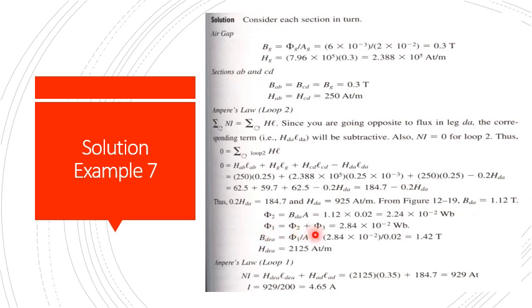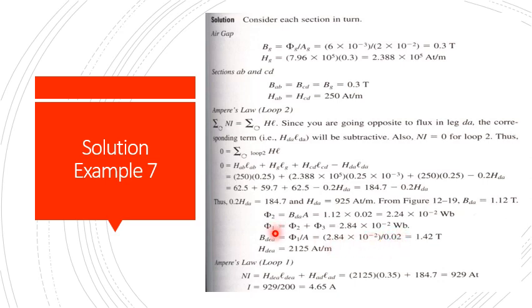Phi 3 is the flux across the gap. Phi 2 is the flux flow through the DA section. So phi 1 is the summation of phi 2 plus phi 3. The total phi 1 is 2.84 times 10 power of negative 2 Weber.